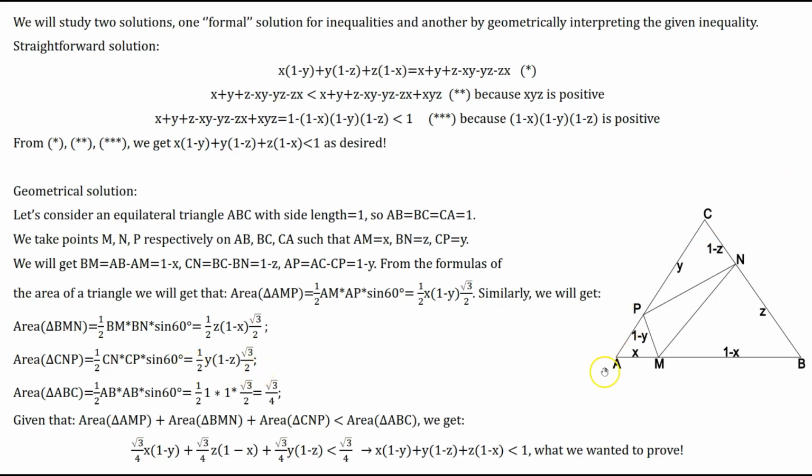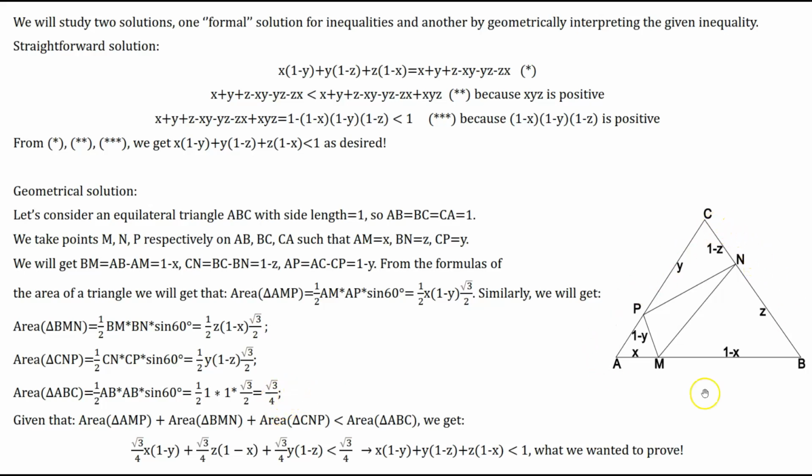And we will also consider the area of the big triangle, the equilateral triangle ABC, which is equal to 1/2 of 1 times 1 times the sine of 60 degrees, which is square root of 3 divided by 2, and the area of triangle ABC will be equal to square root of 3 divided by 4.